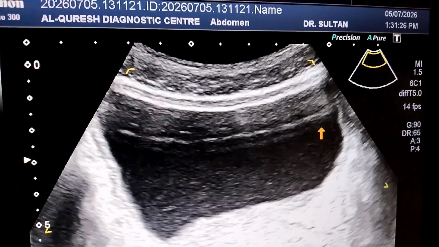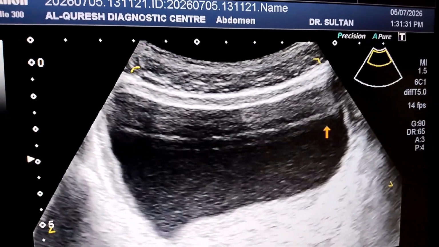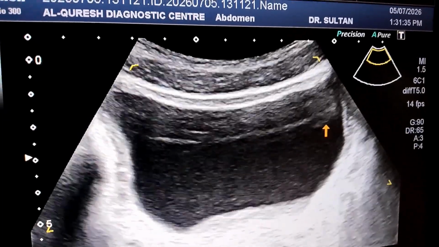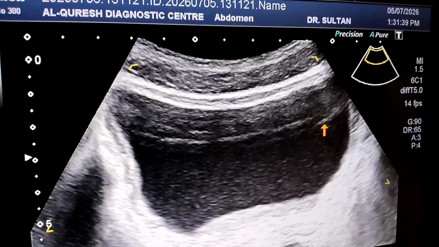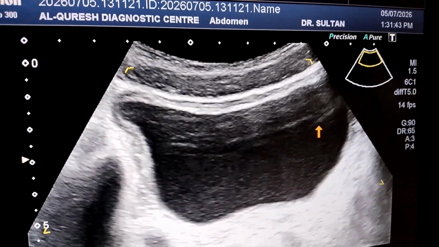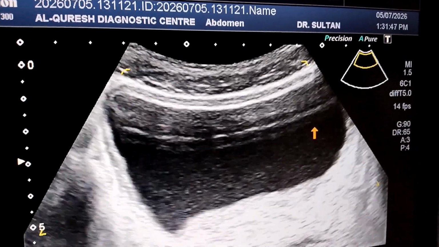Cystitis may be infectious or non-infectious. In infectious it may be bacterial, and non-infectious it may be drug-induced, chemotherapy, radiation, and another condition, not recalling this time.